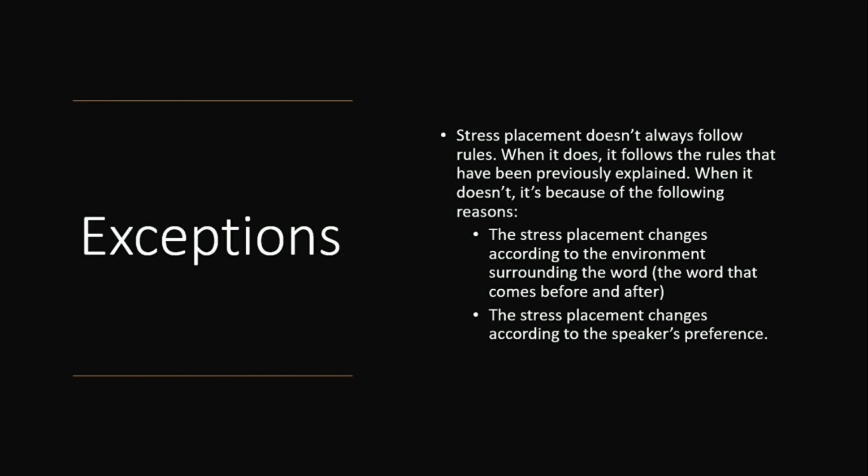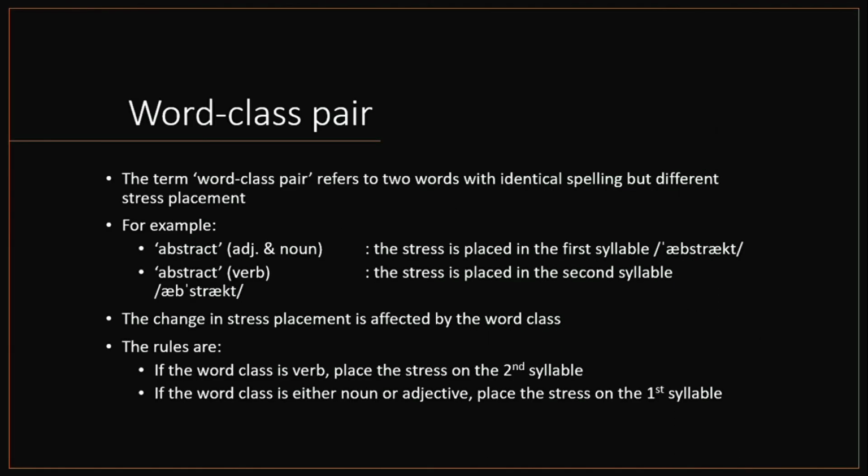So the stress placement changes. The first one is at the first syllable, and the second one is at the second syllable. So the first one at con and the second one at tro.